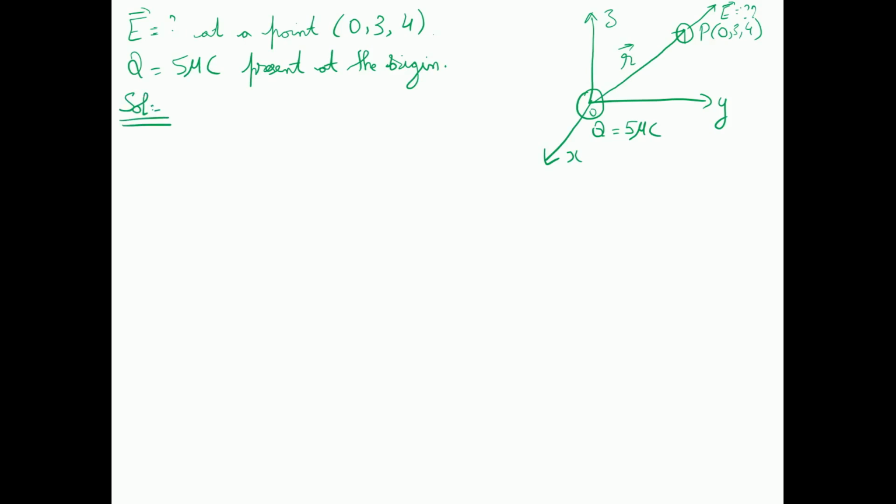Straightforward. We know that electric field intensity of a point charge is equal to the force applied on that point charge, which is equal to kq divided by r absolute square into the unit vector. So what is the value of r? So r is the distance vector which is over here.